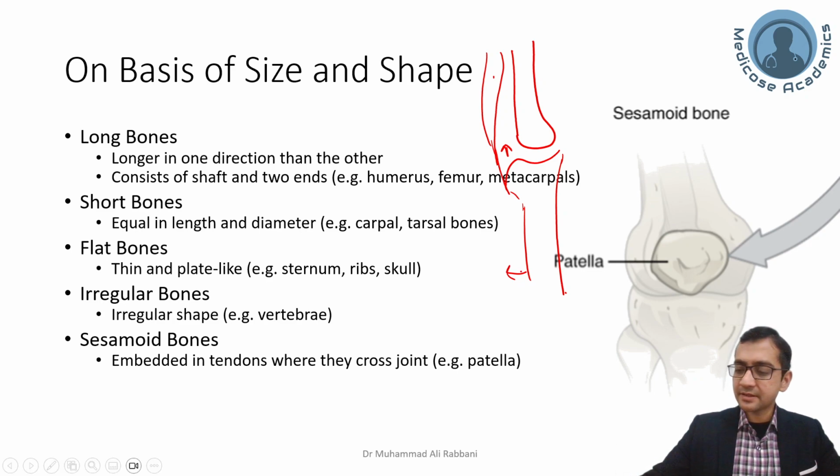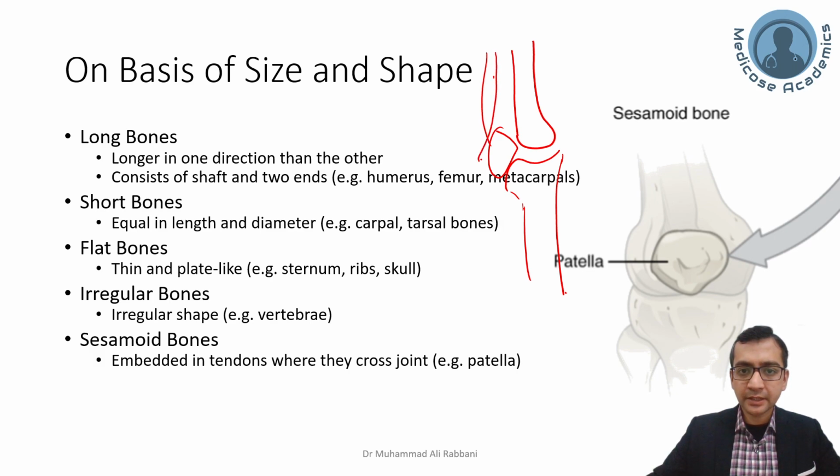So nature has devised a way in which if there is an extra bone here, it may help in changing the angle of the muscle pull and give the muscle a mechanical advantage. Now, if there is a patella bone here and the tendon goes from there in this direction, now the bone is pulled in this direction. It has a much easier chance of straightening. It is in a more mechanical advantage now. So this is the sesamoid bone.